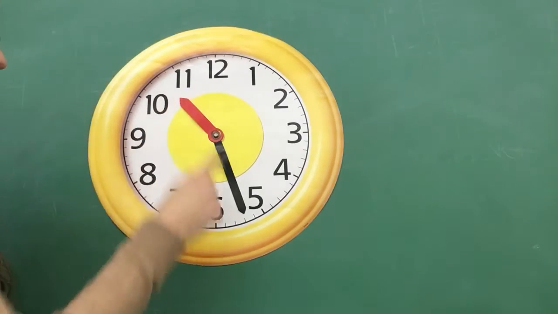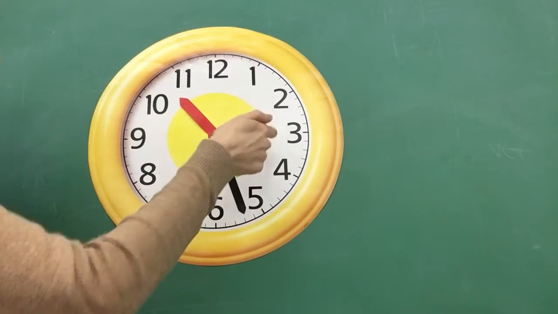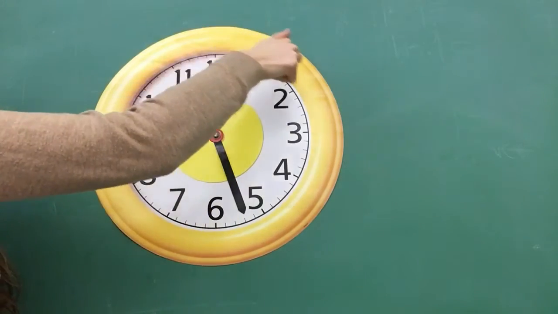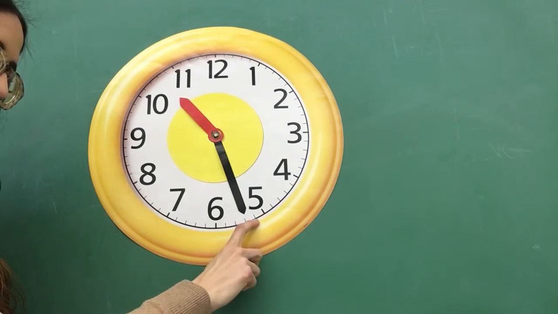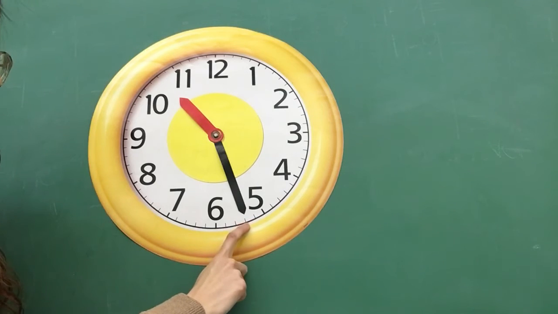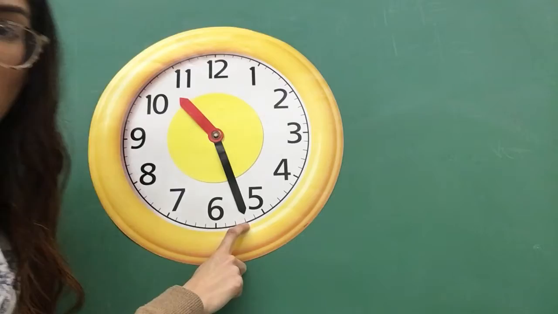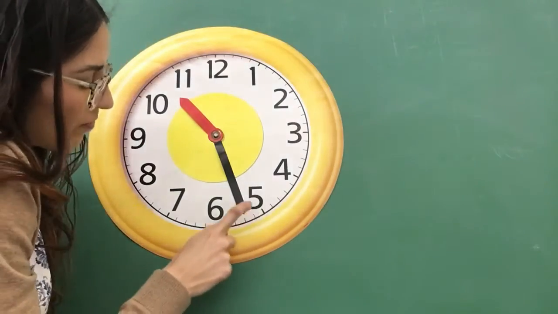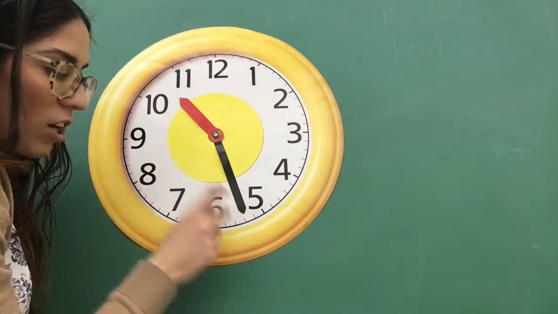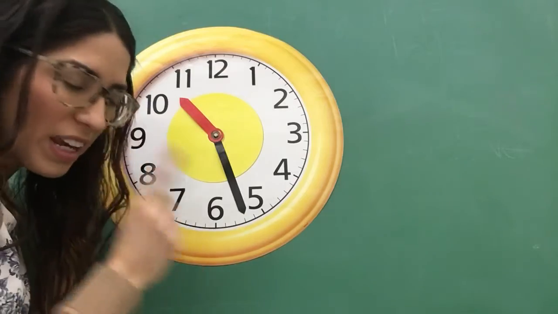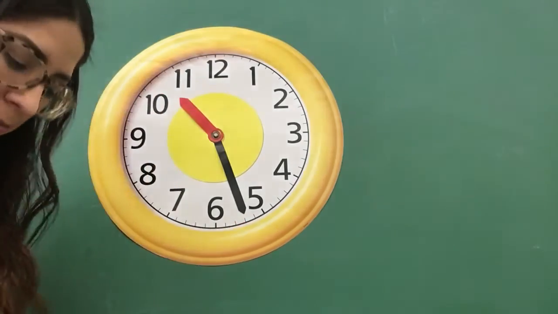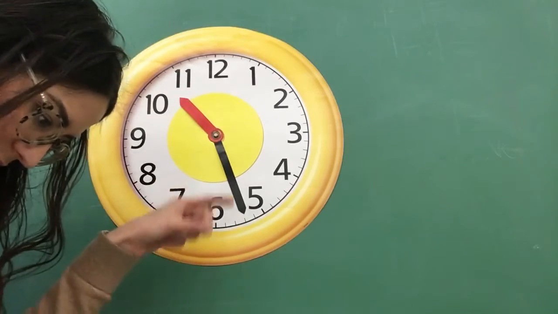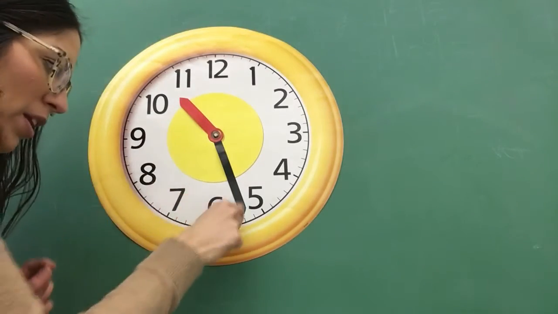Good, that one is 10:27, because it's 10 o'clock, 10:05, 10, 15, 20, 25, 26, 27. Okay, so we know that these little marks are just like 1 minute. Each one is like 1 minute goes by, then 1 minute goes by, okay? So those are the 1 minute little marks there.